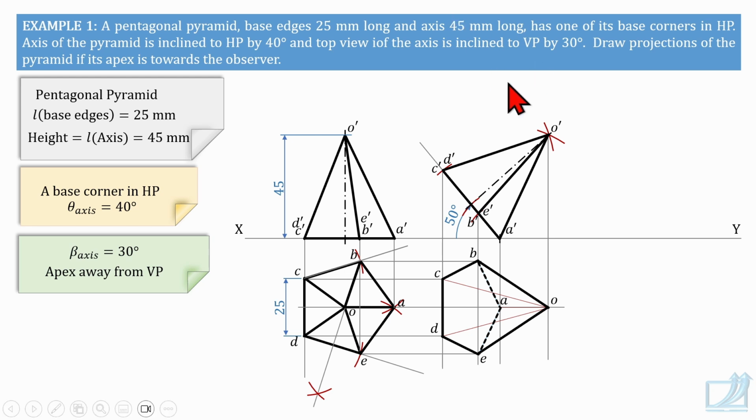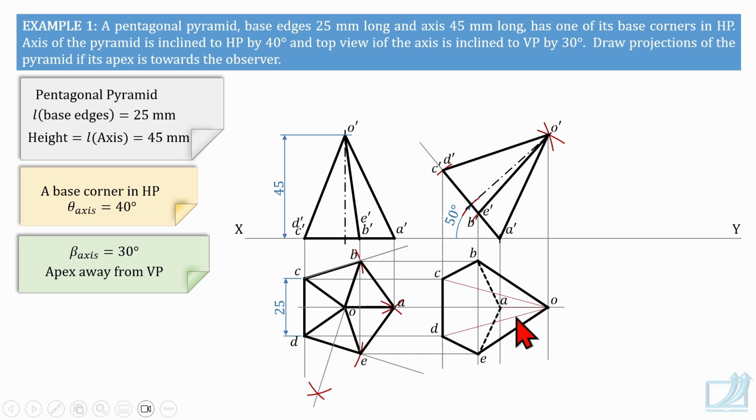If base is hidden from top, doesn't mean that in the top view all base edges are hidden, because you never get hidden edges at boundary. So only those base edges which are inside the boundary you are going to draw hidden. Next, there are 3 face edges OA, OC and OD.